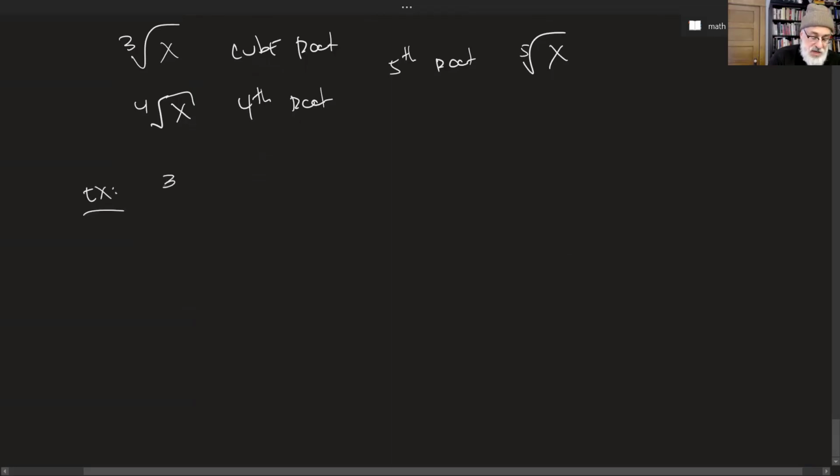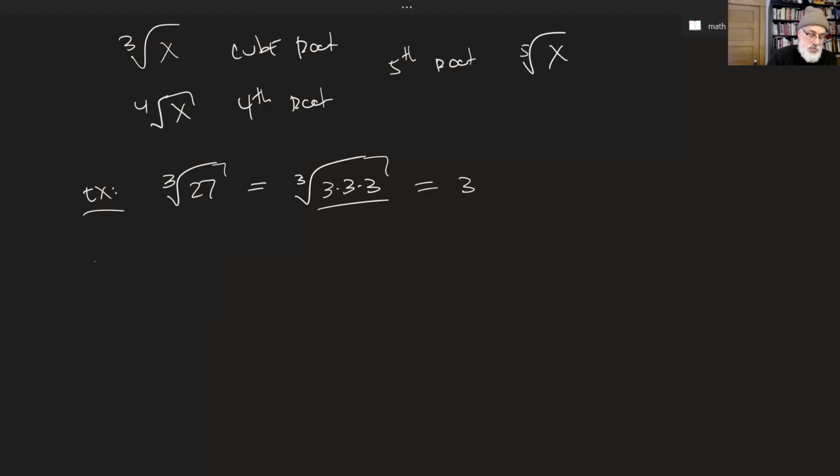So for example, if I have the cube root of 27, now I need 3 numbers that multiply together to give me 27. 27 is 3 times 3 times 3. Since I have the cube root, I need 3 numbers that multiply to give me 27. So this evaluates to 3.